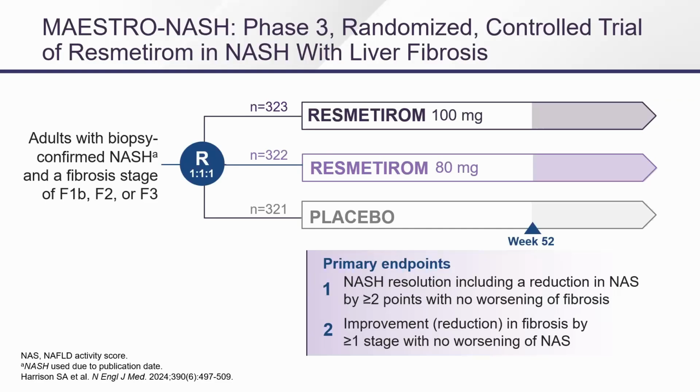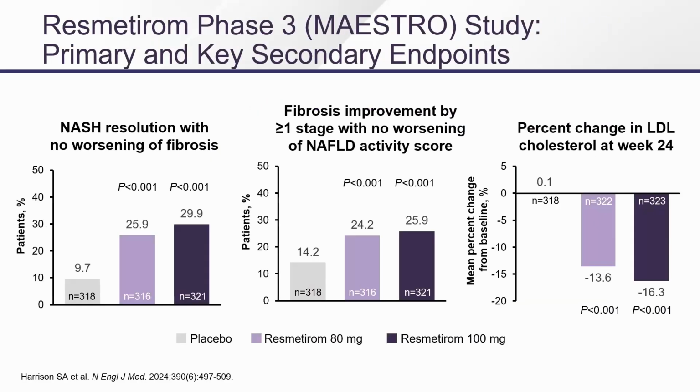And the endpoints, which are the holy grail of MASH management, and this is what the FDA requires, are MASH resolution without worsening of fibrosis and improvement in fibrosis without worsening of MASH. There have been many drugs that have attempted to achieve these dual endpoints, and so far only resmetirom has been able to achieve those endpoints.